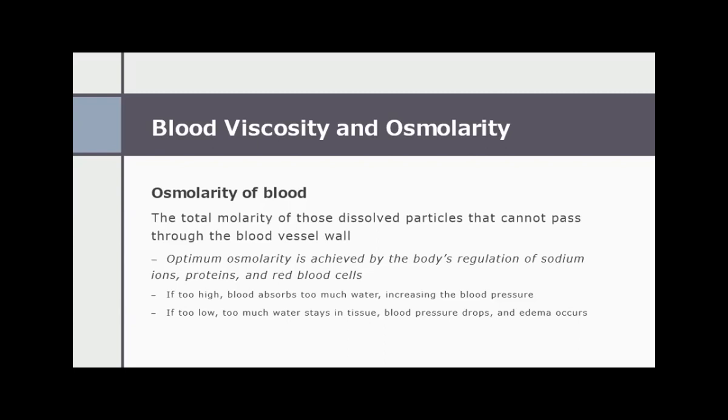So when your blood volume increases, what happens to your blood pressure? Think about this. Higher volume. It increases your blood pressure. Does everybody see that? It's really subtle. It's a really subtle relationship, but it's so integral.